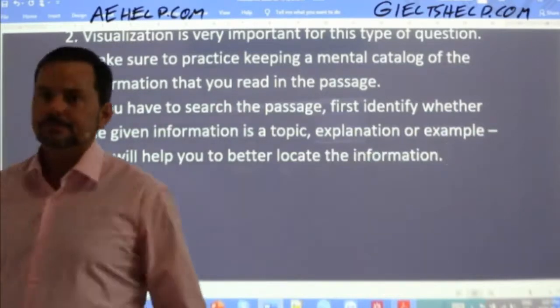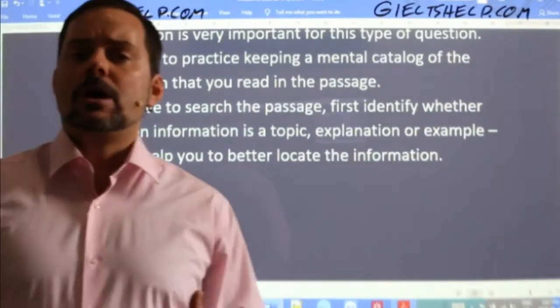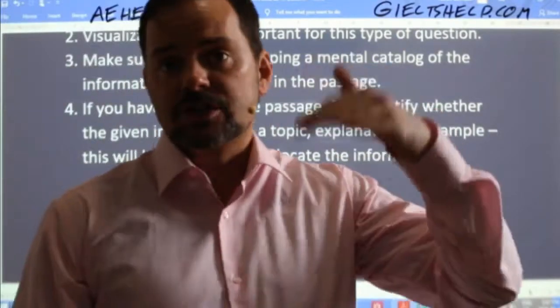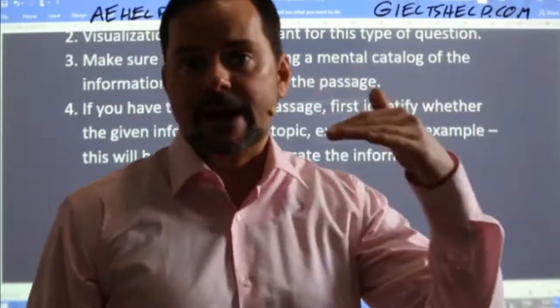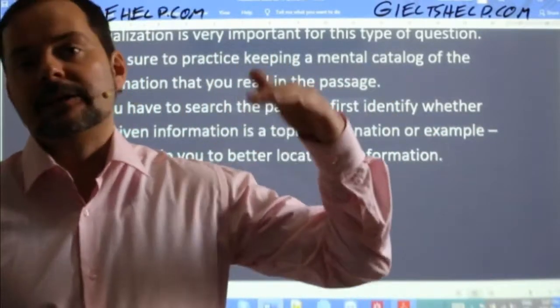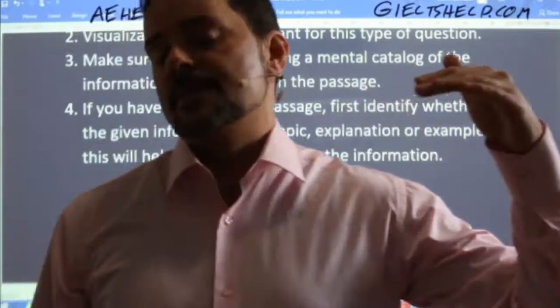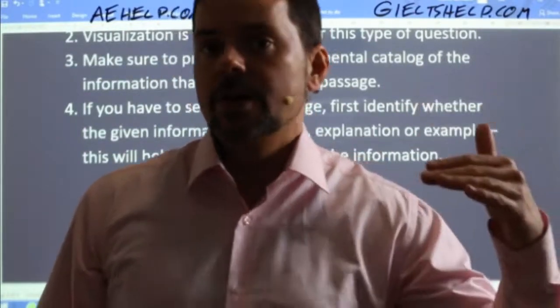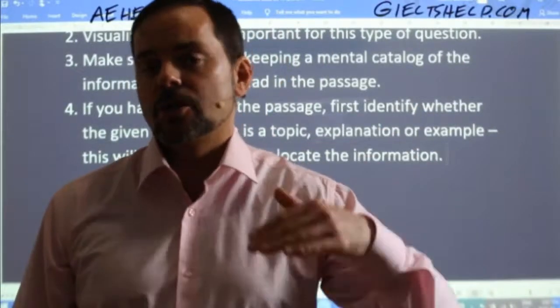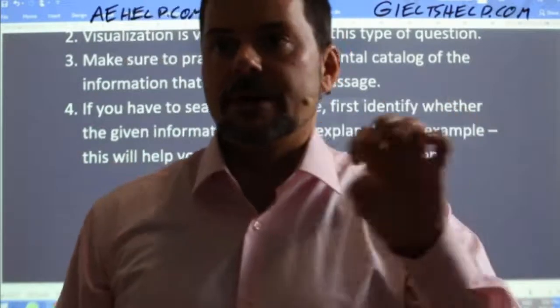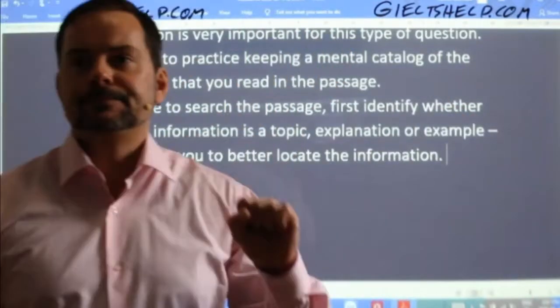So, Preeti, if you read one of these statements in the question, so match this statement to the correct paragraph, and it says something like, the reason icebergs float is that they're less dense than salt water, then you know that's an explanation. So you know that you should be looking somewhere in the middle of a body paragraph. Okay? All right.